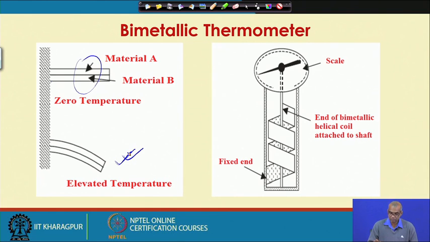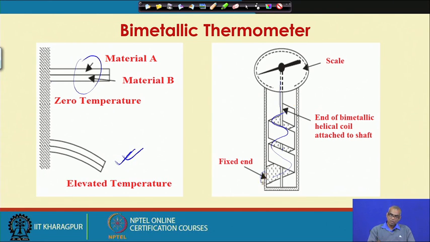So, here you see inside you have a helical coil of bimetallic strip. So, you have a bimetallic strip and you have formed a helical coil out of it. So, the helical coil is attached to the shaft which is connected to the pointer and scale.